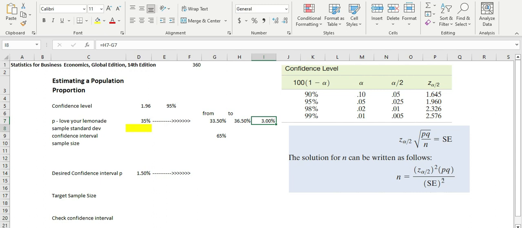So you wanted a 3% range, so you have an exact idea of the percentage of people that love your lemonade, only that kind of range. How many target samples will I collect if I wanted to achieve this kind of accuracy, just a range of 3%?